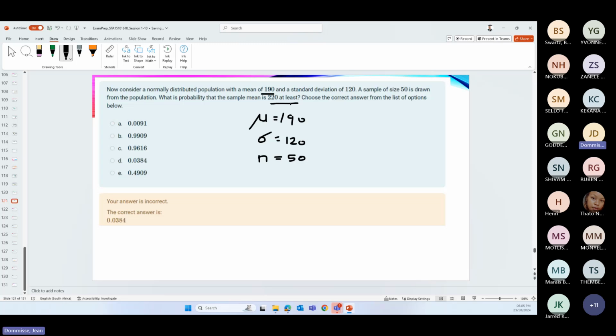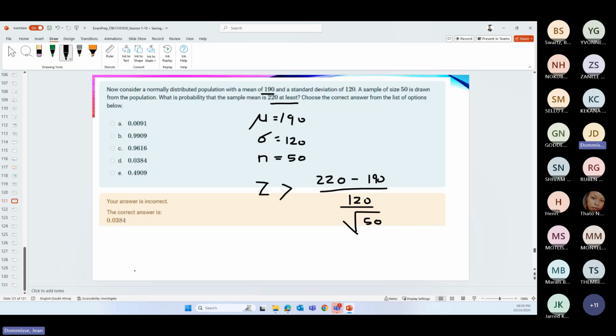Okay, so at least 220 means that it must be 220 or more. So the Z must be 220 or more. So it's 220 minus the 190, divided by 120 divided by the square root of 50.